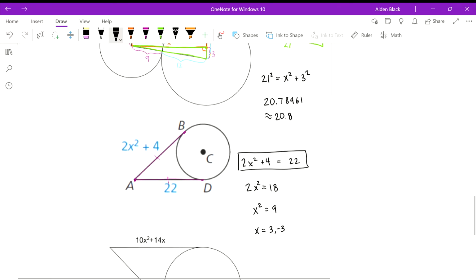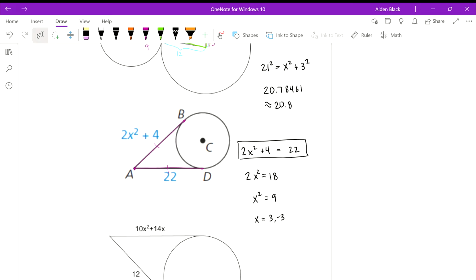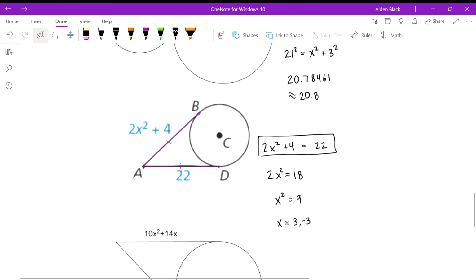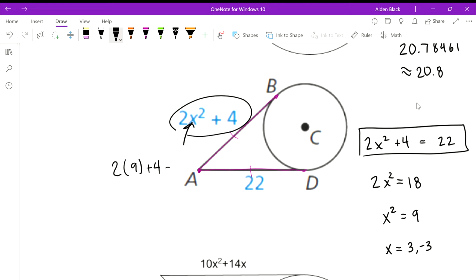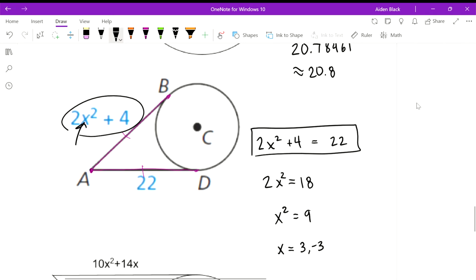And typically we want an answer that makes sense, and if we plug 3 or negative 3 in here, we just need to make sure that the outcome is a positive value, because distance can only be positive. You'll notice with the x squared value, 2 times negative 3 squared is just positive 9 plus 4, and that should give us 22. So if it worked for negative 3, it should work with positive 3.